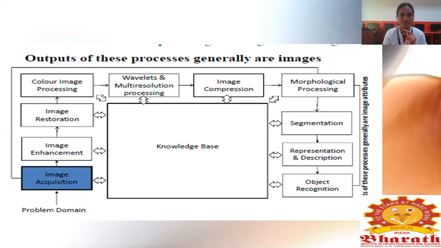When you want to change the image colors, you can change the intensity of the pixels so that the color of the image will change. Here we can also use pseudo color processing, where you can add pseudo color, meaning some false color, to the original images. That comes under color image processing.